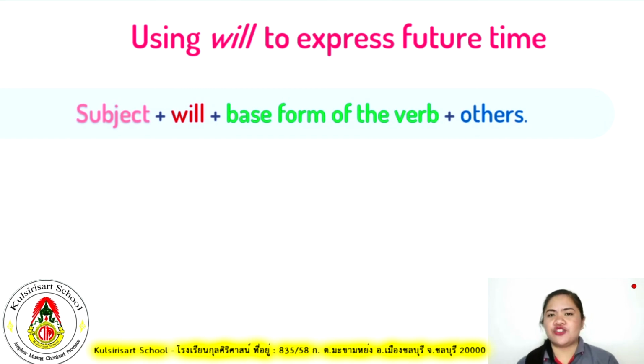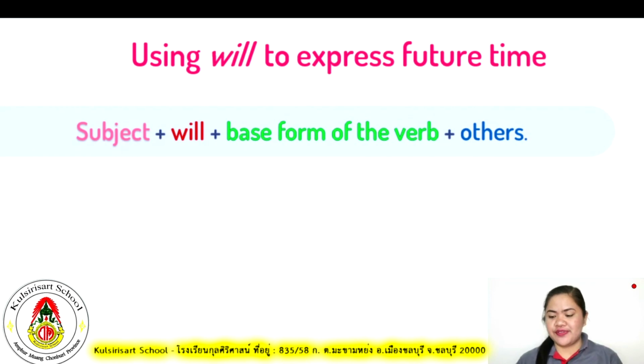When you are going to use will, you should have the subject first. Next is will plus the base form of the verb plus the others or continuation. Again, what should be first? Subject, will, base form of the verb, and then continuation.